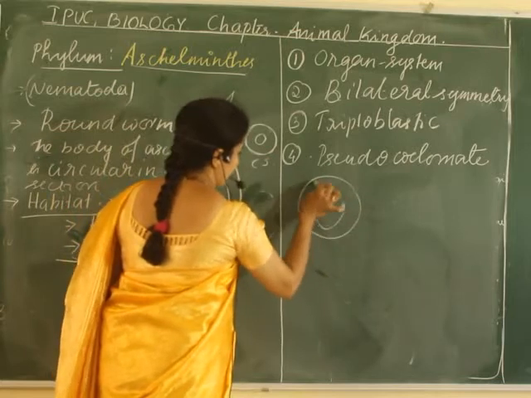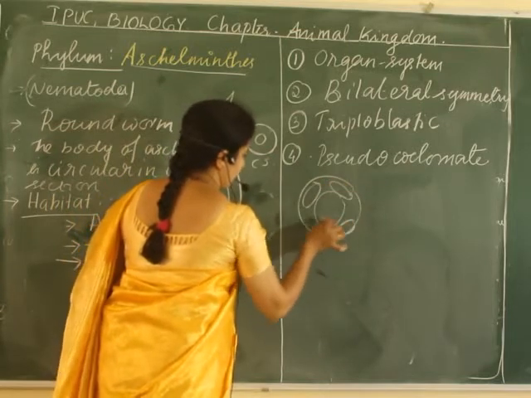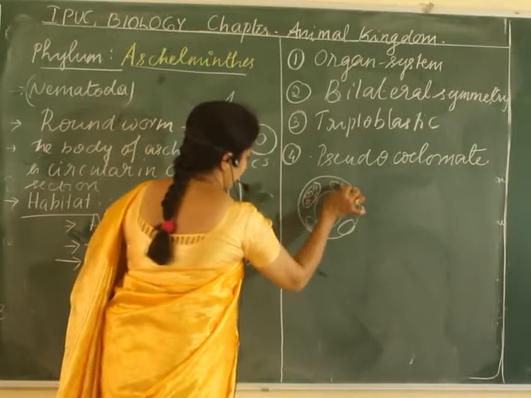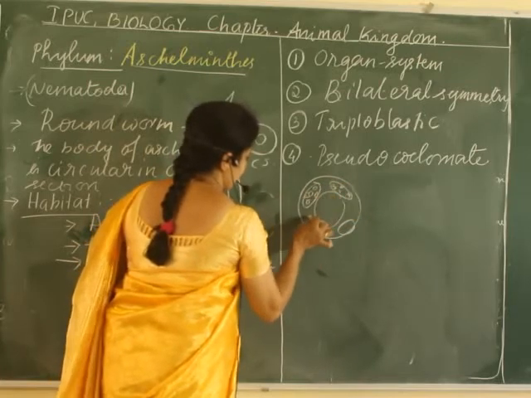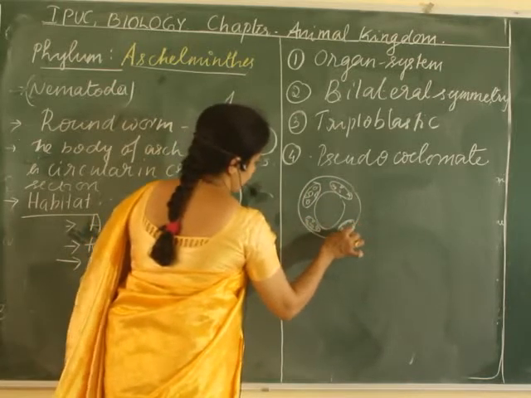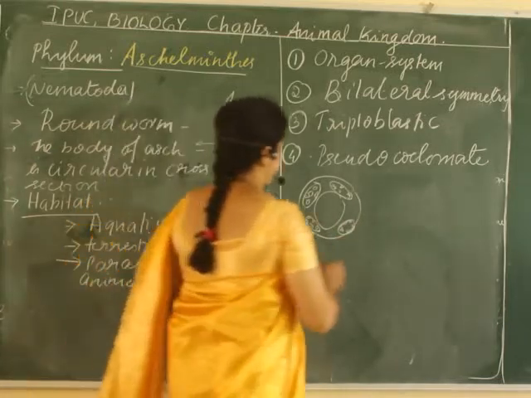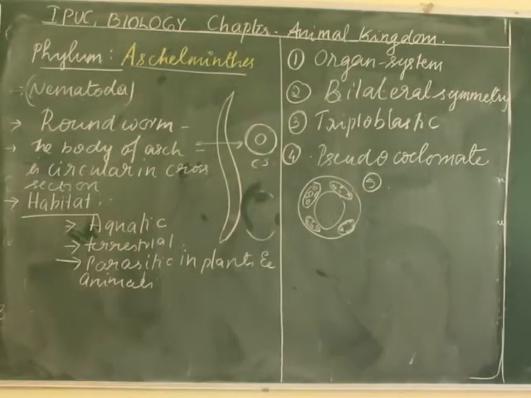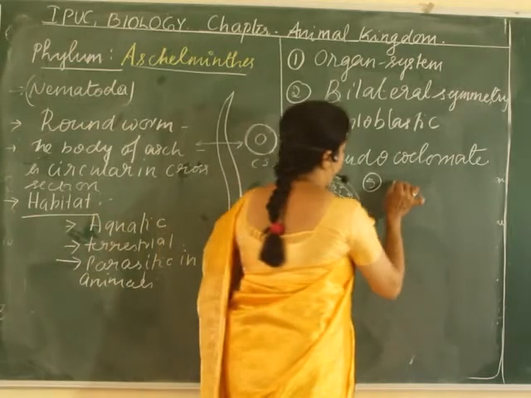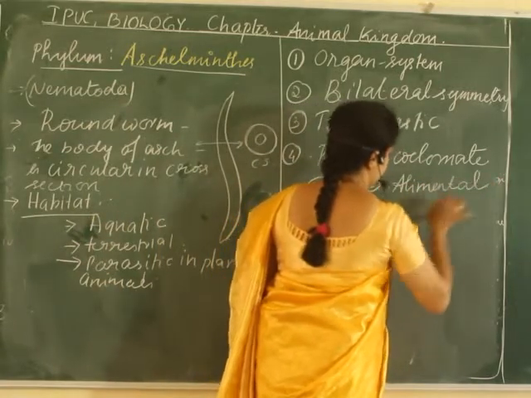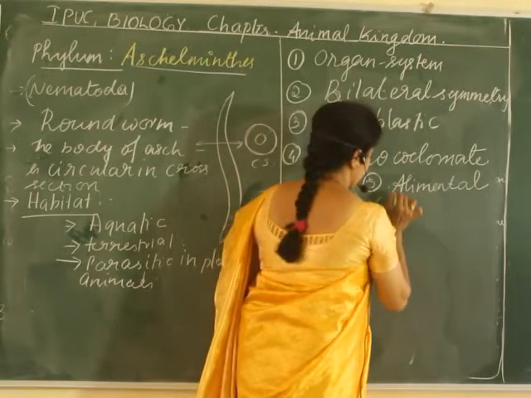The body cavity is filled with scattered pouch-like structures. It's not complete, so that's why it is a pseudocoelom. The coelom is a false coelom here. So the phylum Aschelminthes has pseudocoelomate animals. Then about their alimentary canal or digestive system: the alimentary canal is complete here. That is another advanced feature of this.